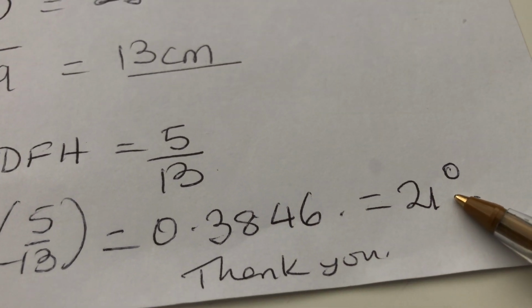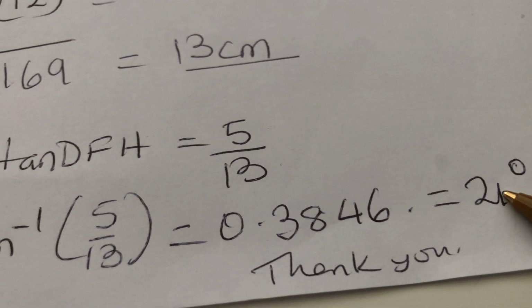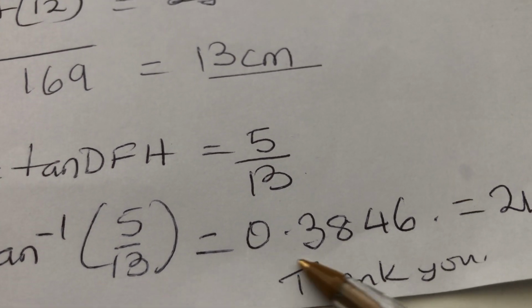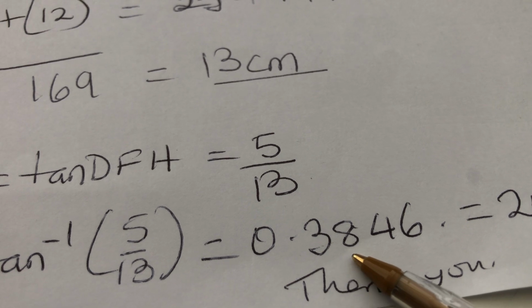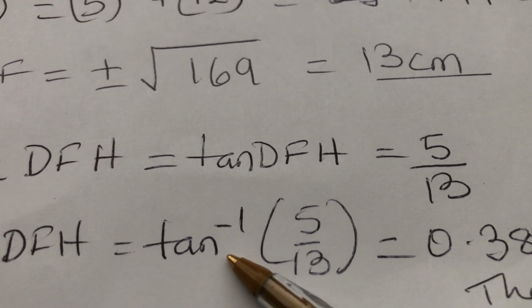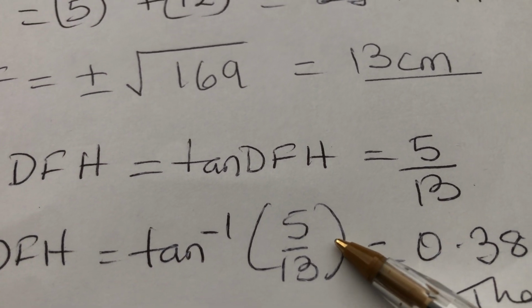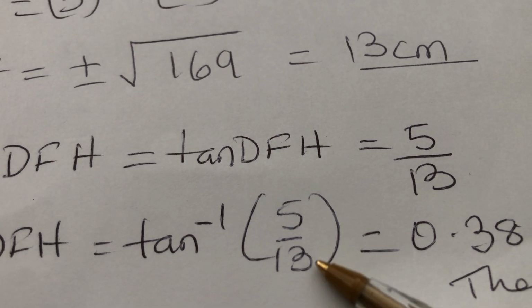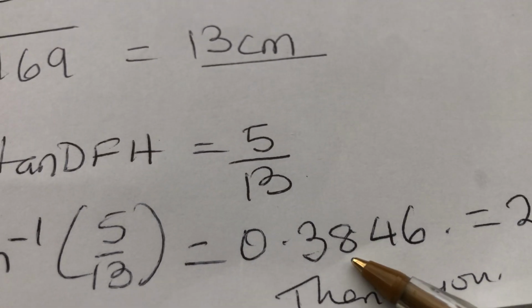So the angle is 21 degrees, because 5 over 13 is 0.3846. You press the second function, press tan, and it gives you the angle.